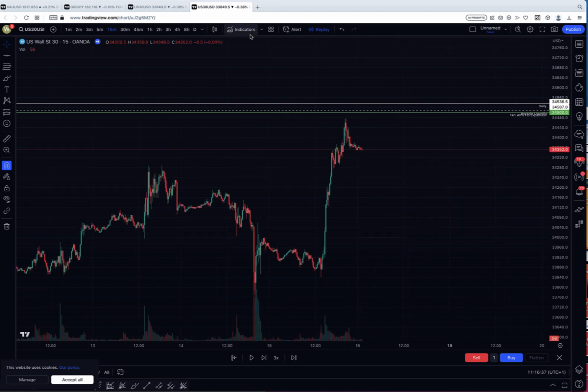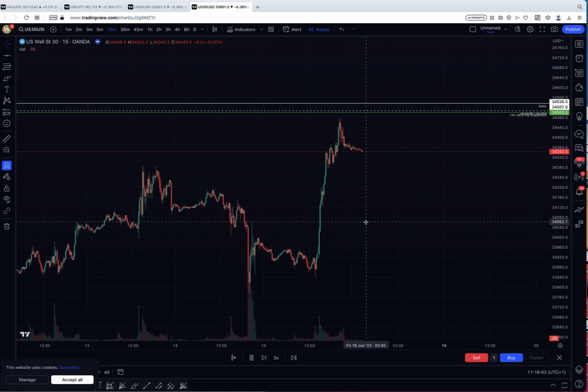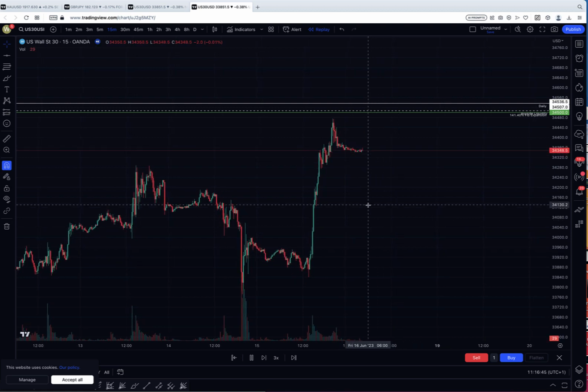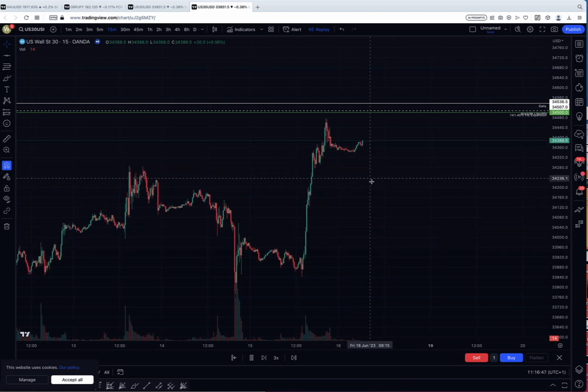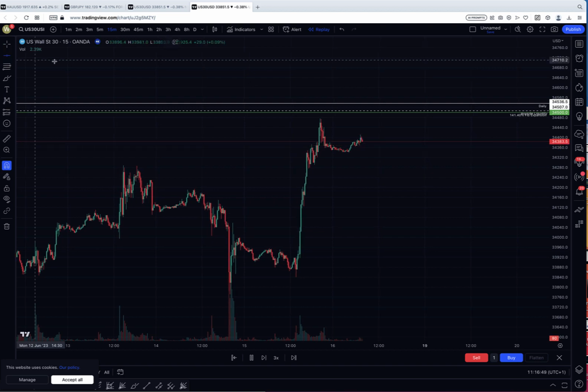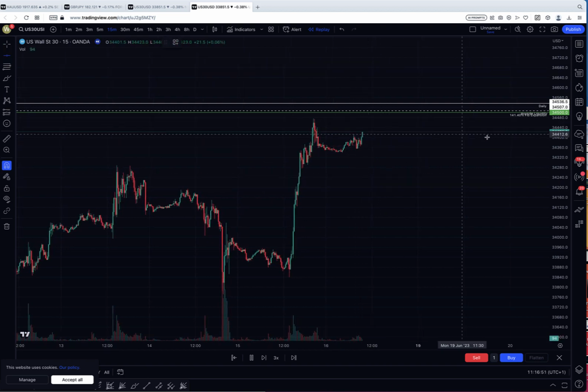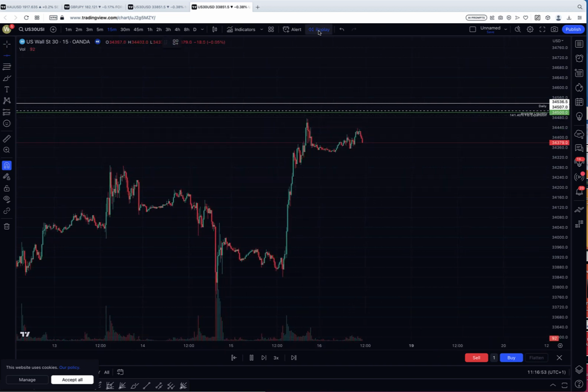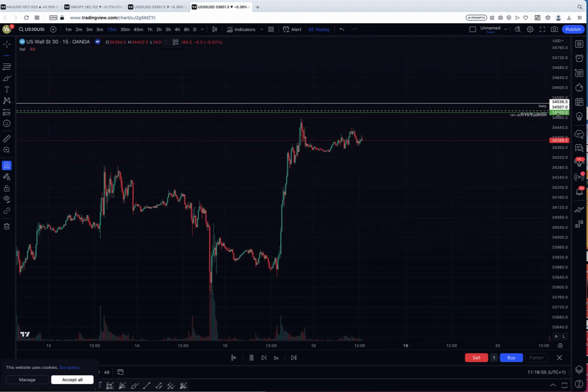Then we can see the price did reach our level, and we had a really nice setup to sell. I would create one line and say I will go for 34500, and that will be our sell entry.